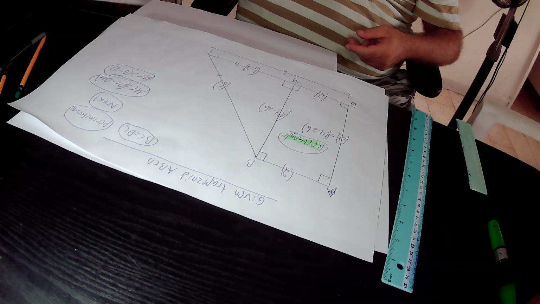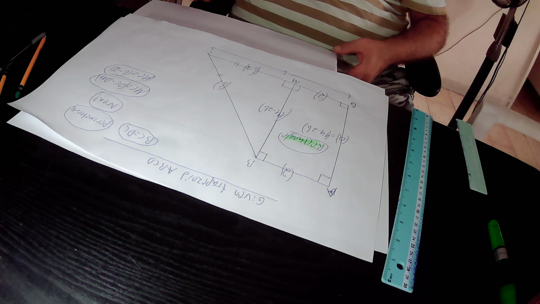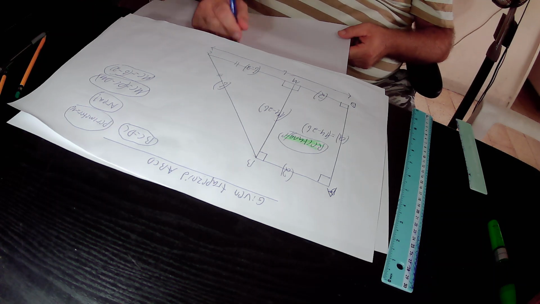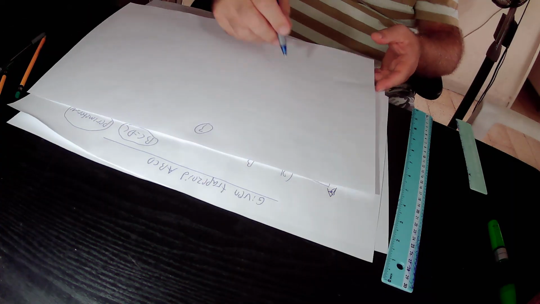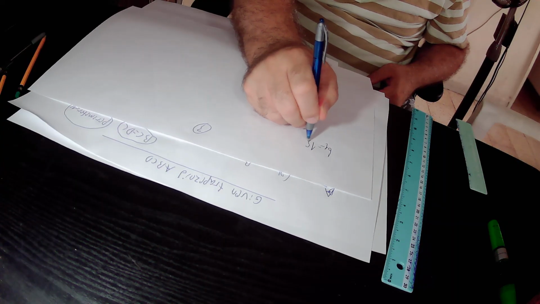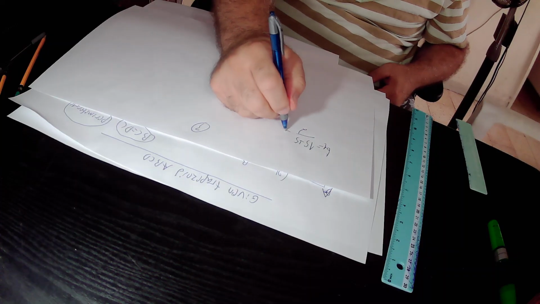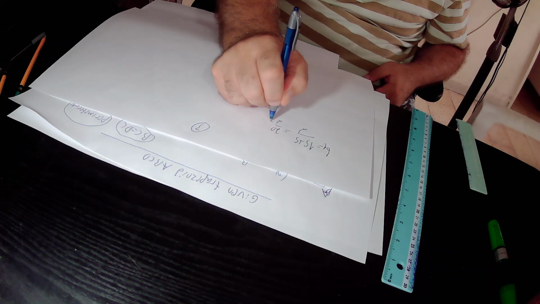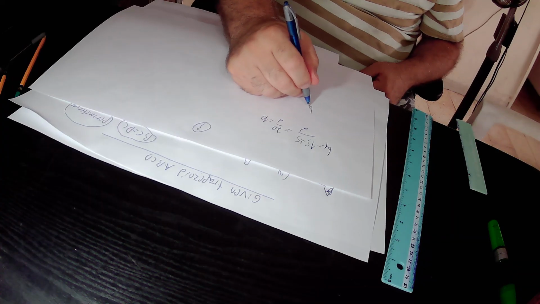So the first solution for b, that is b1, is equal to 15 plus 5 over 2. 15 plus 5 is 20 and 20 over 2 is 10. So the first solution for b is b1, that equals 10 units.